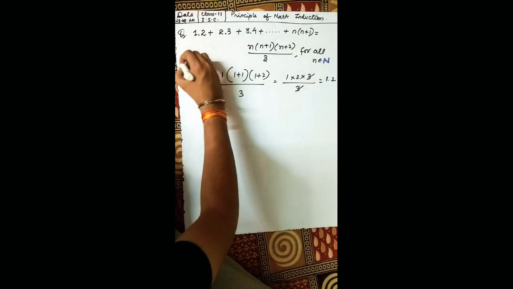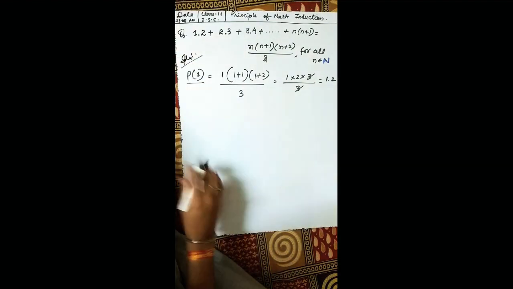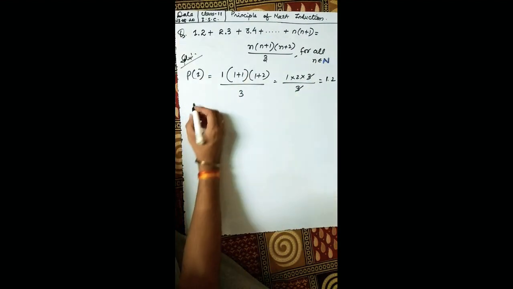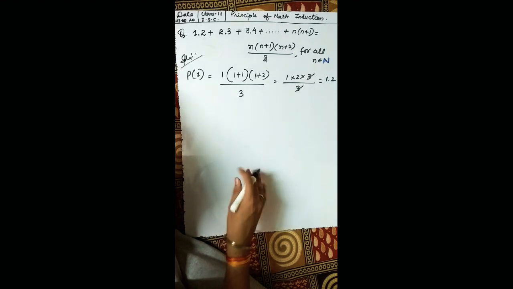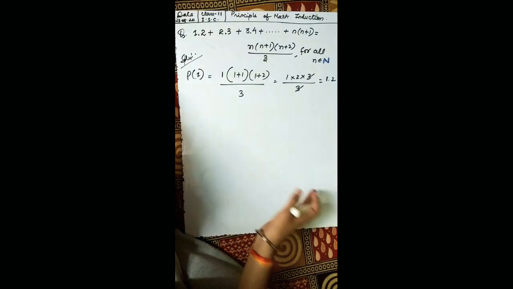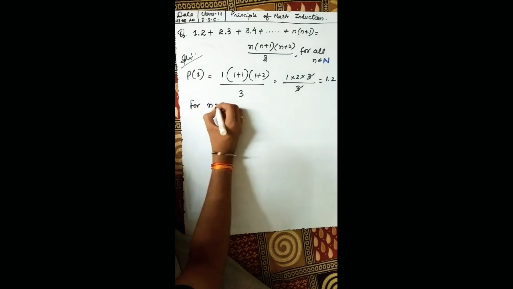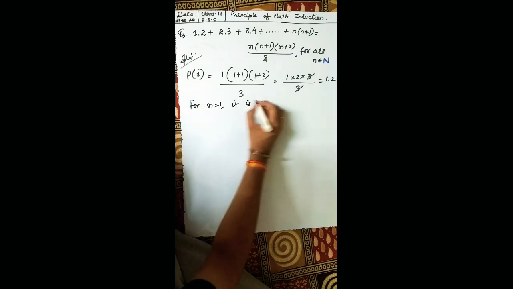So we are starting the solution from here, and for P1 we got 1 into 2, which is 2, which is true. You can go for P2 also; it's not required, but you can check. So for n equal to 1, it is true.